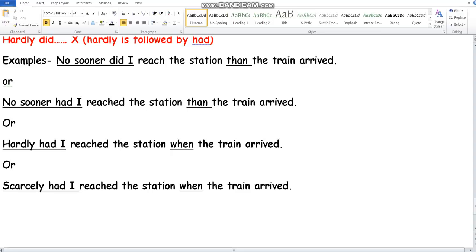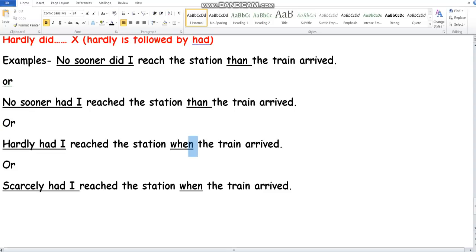As you can see here, the examples are: no sooner did I reach the station and not reached than the train arrived, or no sooner had I reached the station than the train arrived. Did I reach? Had I reached? Or hardly had I reached the station when the train arrived.